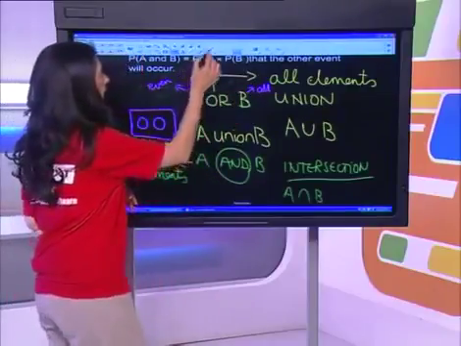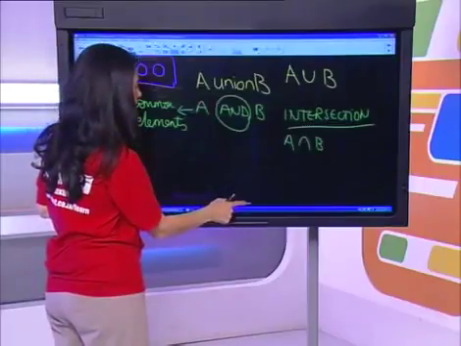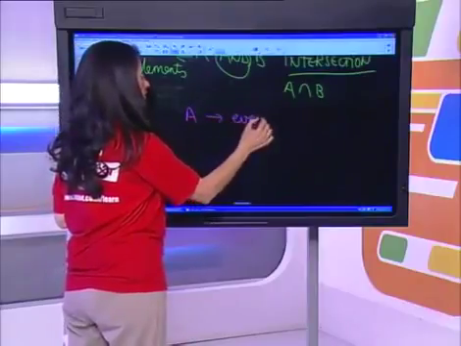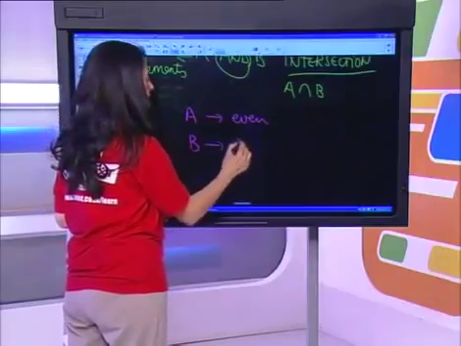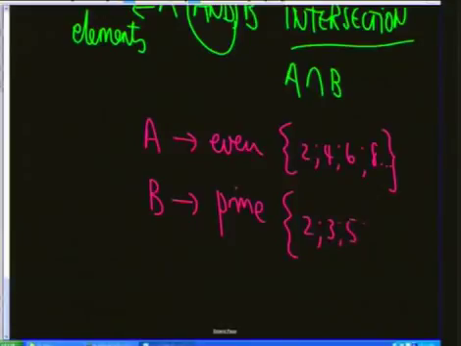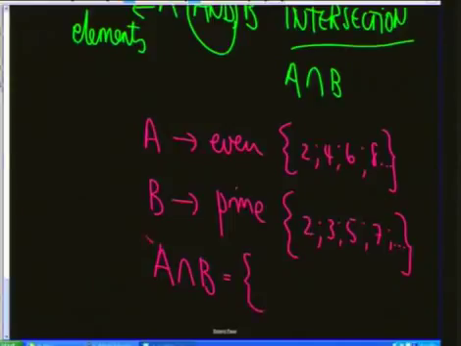However, if I asked you for the even numbers and I asked you to write down the prime numbers, so let's say, give us another example. Let's say A is all the even numbers and B is a set of all prime numbers, then this set here would have the numbers 2, 4, 6, 8, etc. And this one would have the numbers 2, 3, 5, 7, etc. And if I asked you for what is A intersection B, I'm saying which numbers are common to both sets.